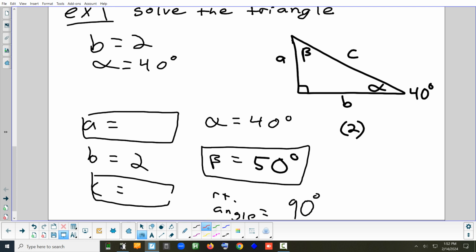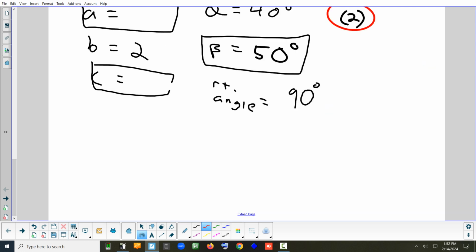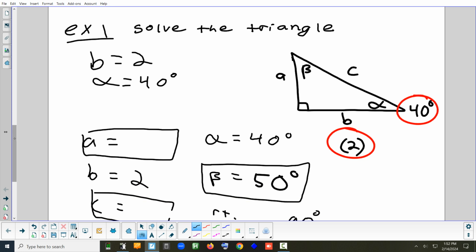So I'm going to circle the 2 things that we can use all the time: the 40 and the 2. Those are the 2 things we can use. Let's see if we can find A first. The first thing we have to do is decide on a trig function. Everything is going to be from the perspective of the 40, which is over there.